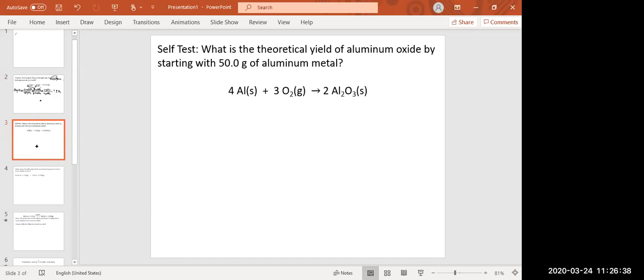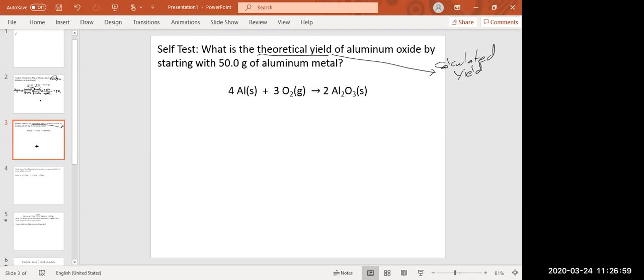Okay, let's go to this question. What is the theoretical yield of aluminum oxide by starting with 50 gram of aluminum metal? Guys, the theoretical yield is the calculated yield.